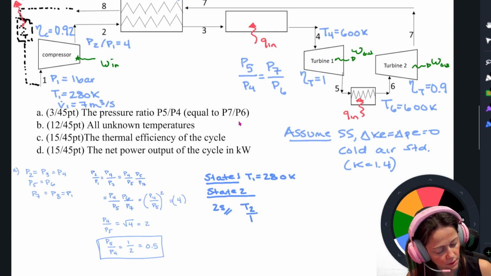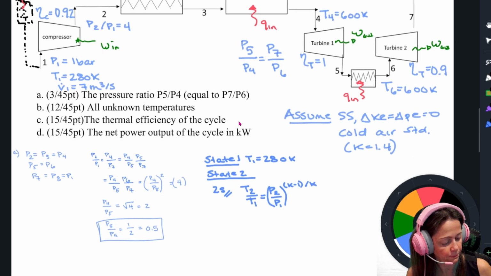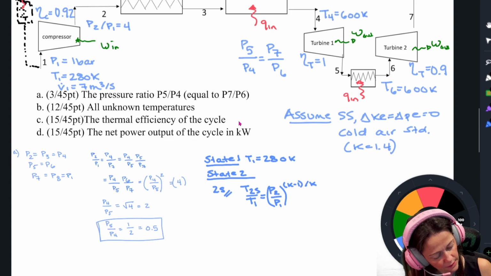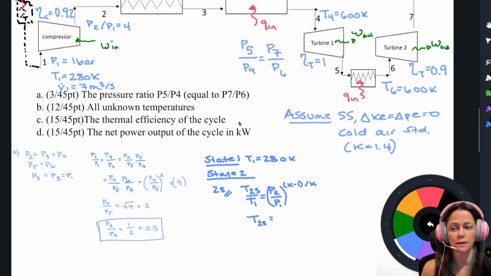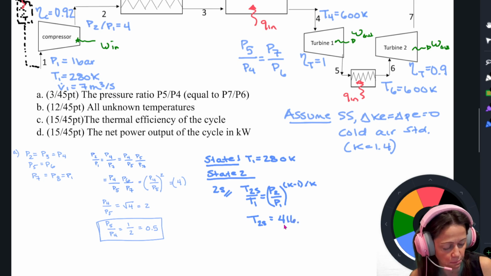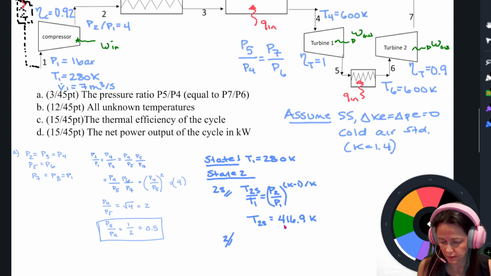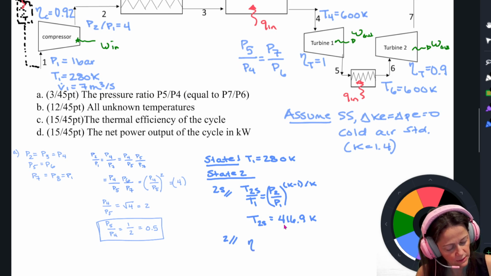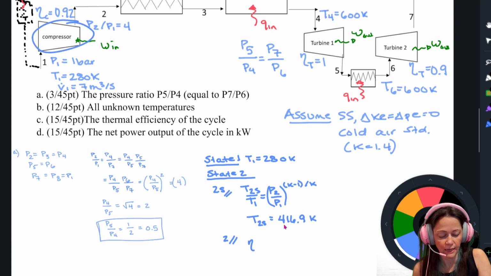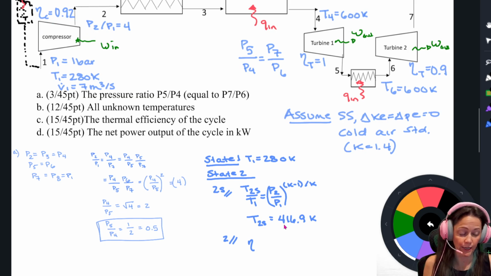So T2s over T1 equals P2 over P1 to the K minus 1 over K. All right, and that's T2s. So T2s ends up being 416.9 Kelvin.